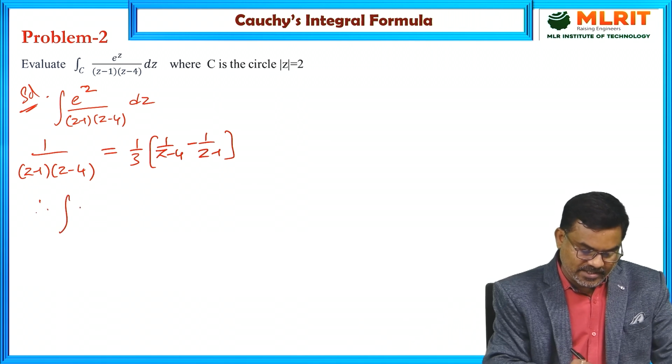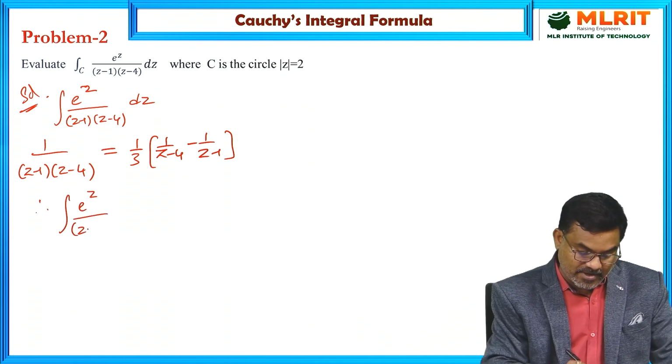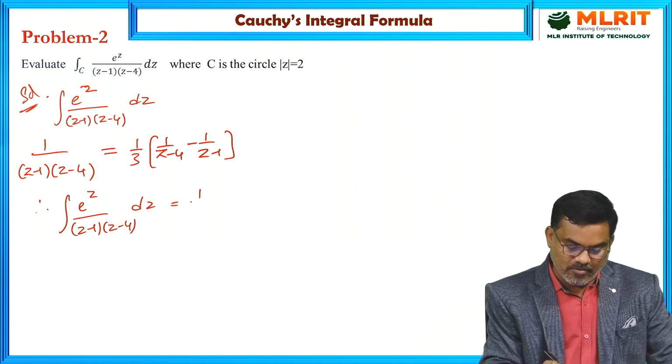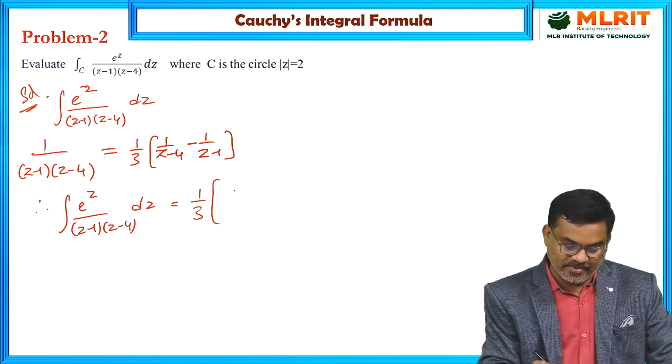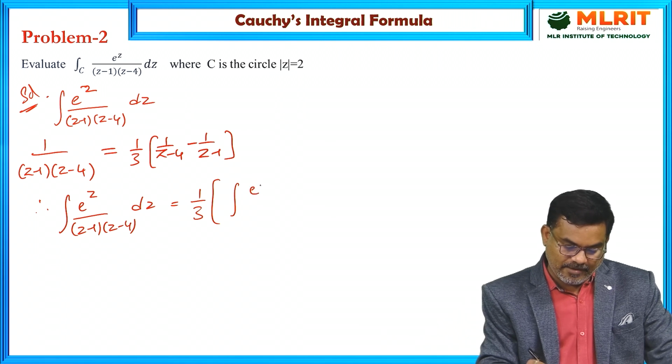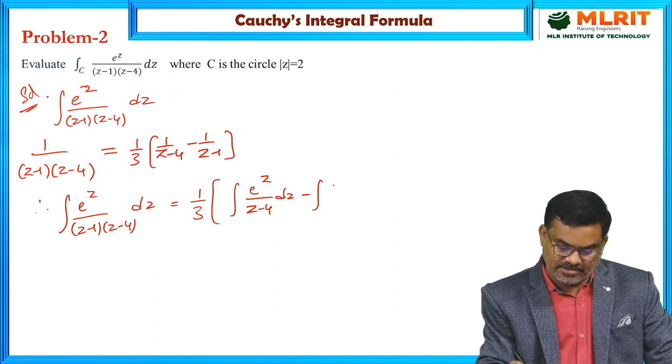Therefore, this line integral of e^z/((z - 1)(z - 4)) dz is equal to 1/3 times the line integral of e^z/(z - 4) dz minus e^z/(z - 1) dz.